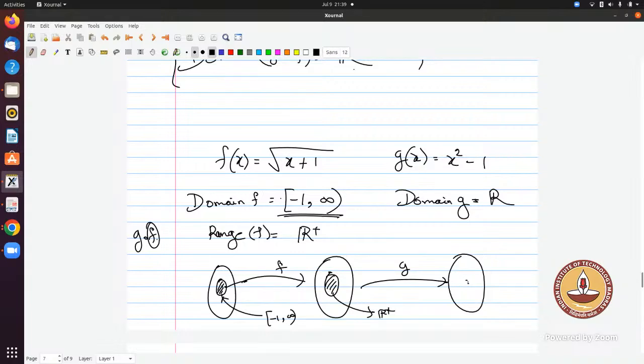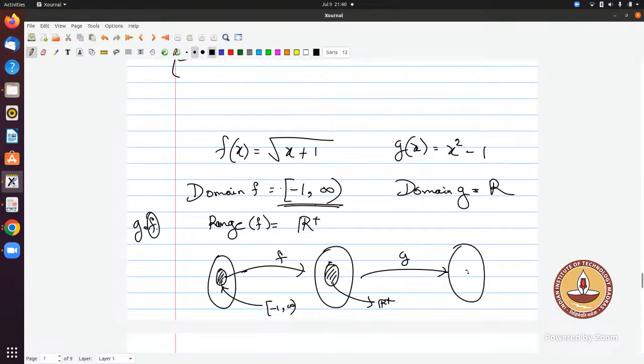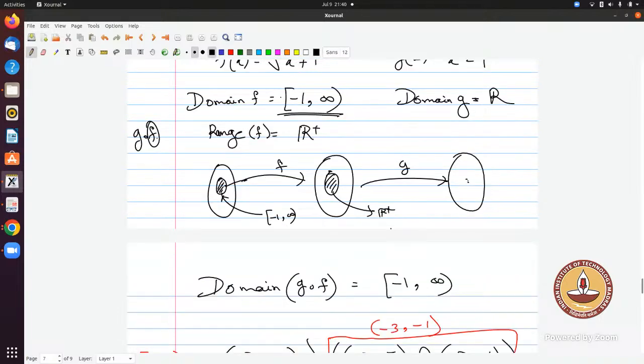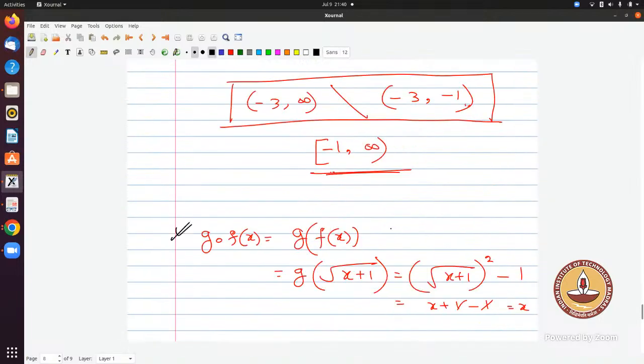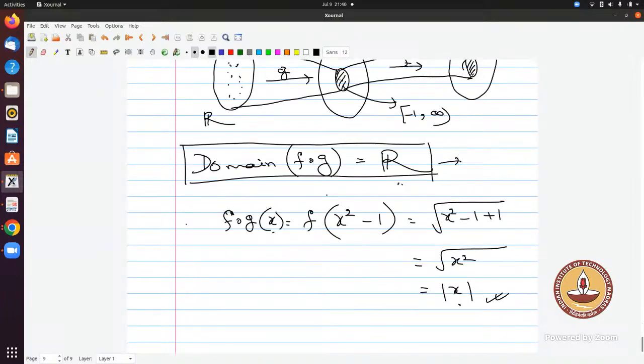Whatever inputs are coming from minus 1 to infinity, after applying f, I can apply g onto the values. So the domain of g compose f is nothing but the domain of f in this case, which is minus 1 to infinity. Is it clear? Clear, sir. Great. And remember this diagram, this will clarify many things.